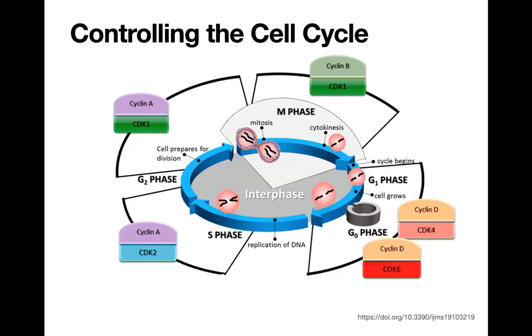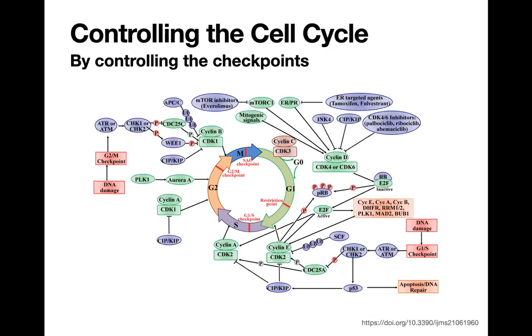So these cyclins act to transition between the different phases. Between the phases there are checkpoints. And so these checkpoints can become ways of controlling the cell cycle. And cell cycle control is one way in which division and the speed of the cell cycle can be regulated.